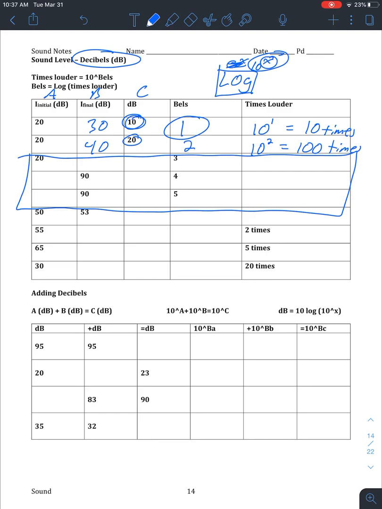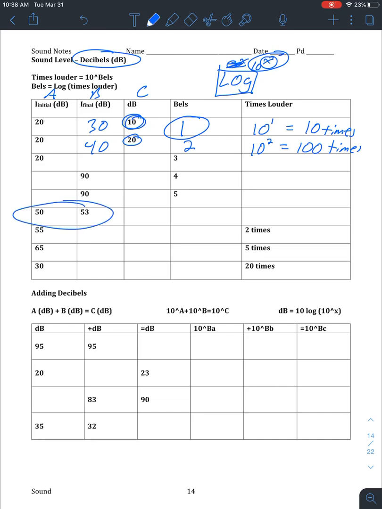So going now down to the 50 and the 53. We go from 50 to 53, that's a change of 3 decibels, which again, since a decibel is a tenth of a bell, we're just going to divide that by 10. So it's going to be 3/10 of a bell. The same process, it's just not going to be whole numbers to plug in.